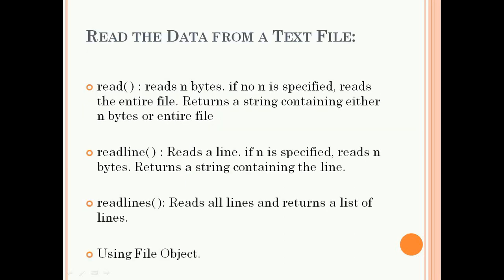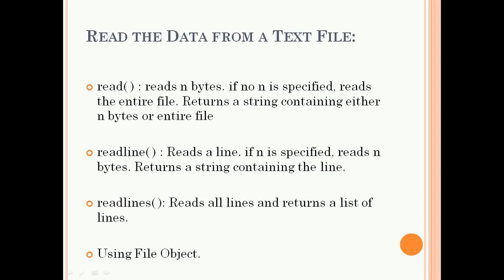Now I shall discuss how to read data from a text file. You can read the data from a text file using the read method, readline method, or readlines method. And you can read the data using the file object also.